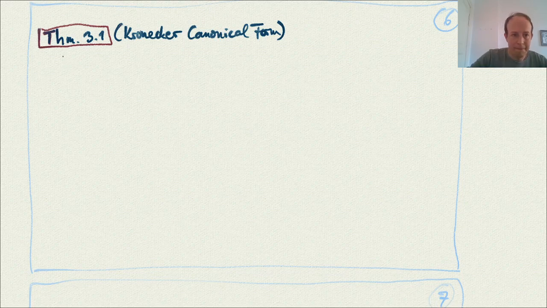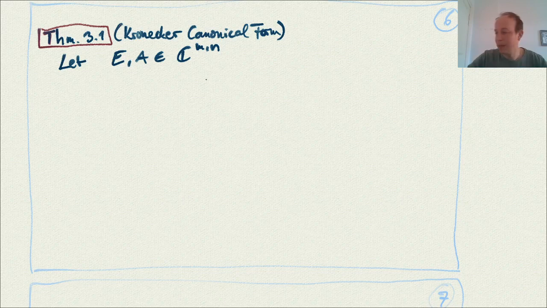So let E, A be in, now we really need the C, because now we talk about eigenvalues, and then we better use the complex matrices because they are complete. They can be diagonalized over the field of complex values. So let those be very general. Of course, then they can be also real.